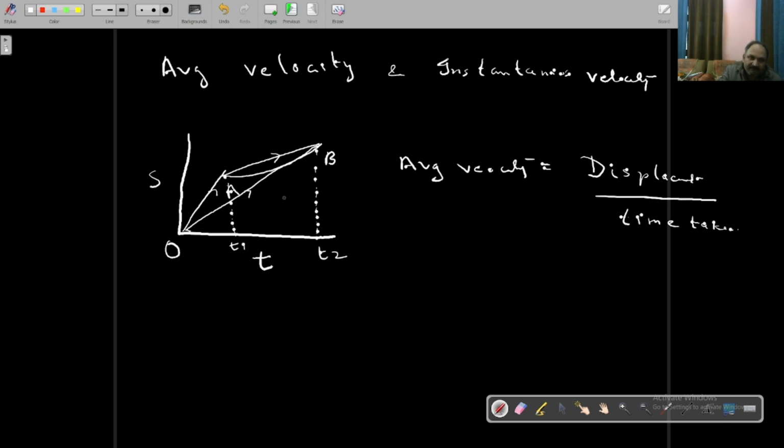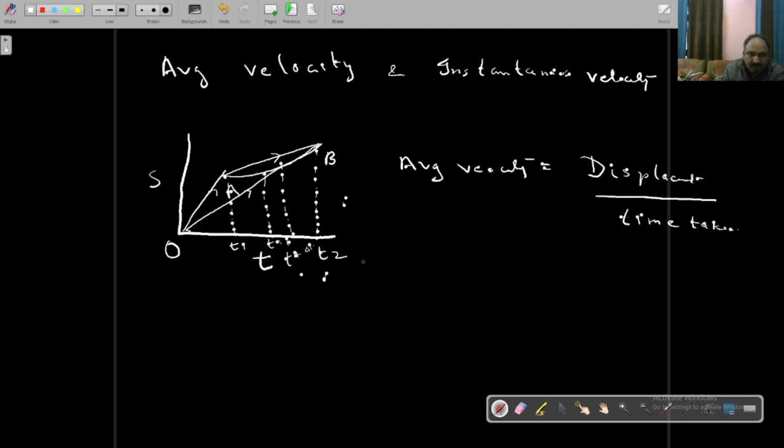Suppose we take a particle over here, at t, and at this point t plus delta t.